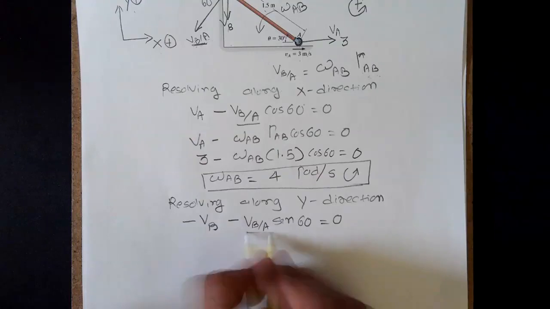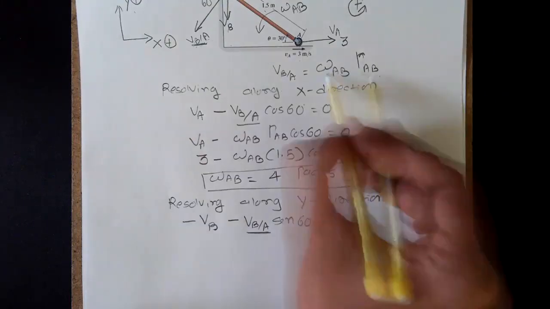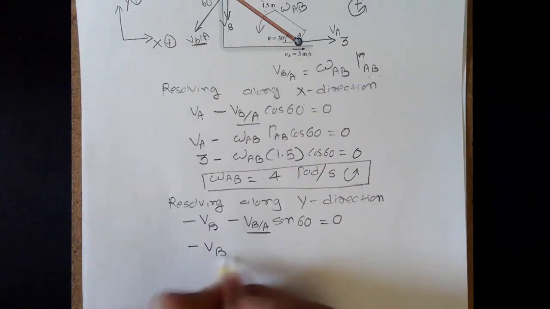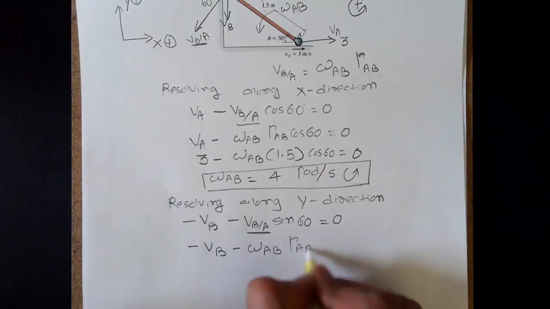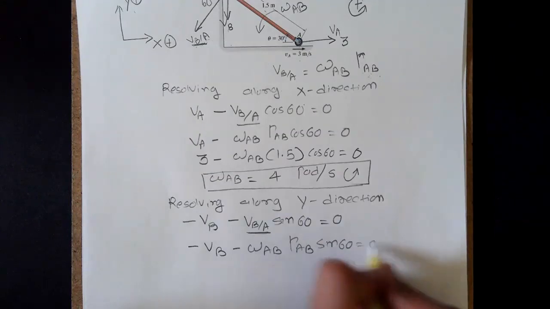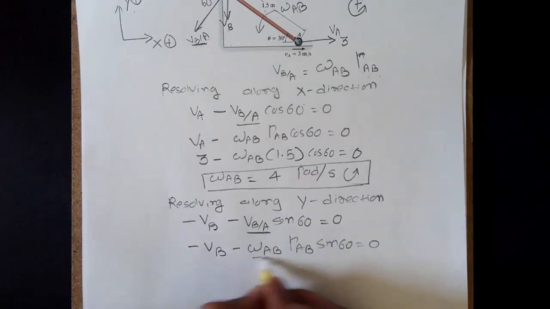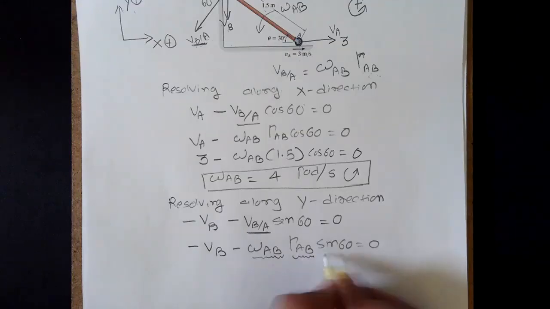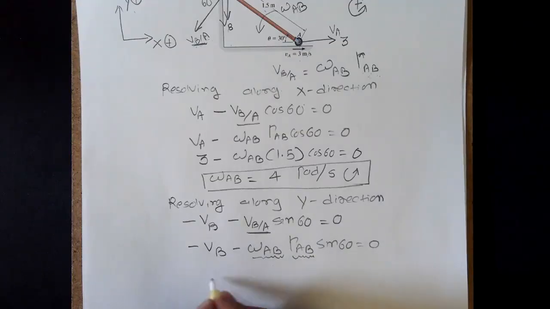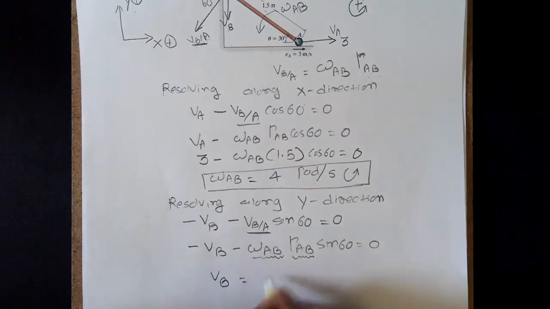Now we substitute omega R in this equation. So it's minus VB minus omega AB multiplied by RAB sine 60 equal to 0. We know the value of omega AB, that is 4. We know the value of RAB, which is 1.5. Sine 60 is constant. So when you solve this equation, you will get the value of VB.